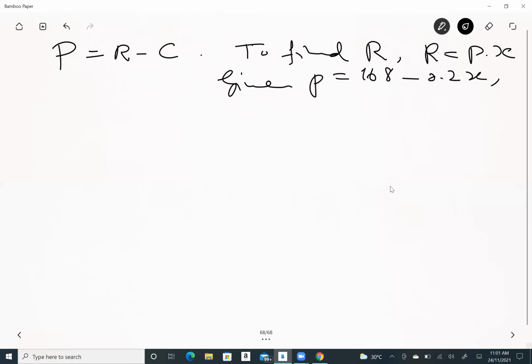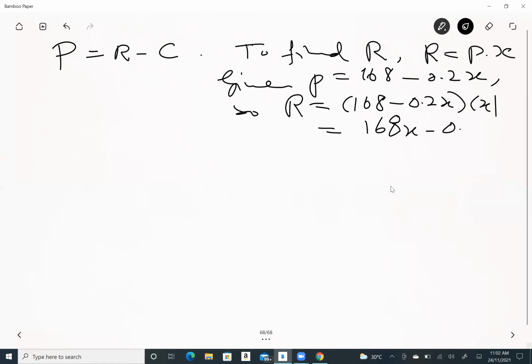So what do you have? So revenue is equal to 168 minus 0.2x times x. So that is our revenue function, and it's equal to 168x minus 0.2x squared.